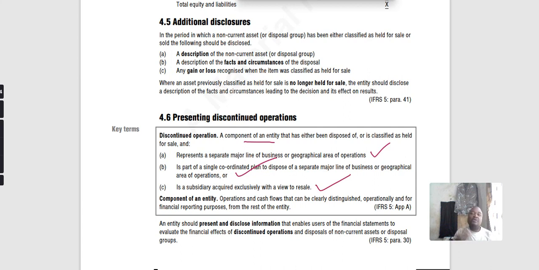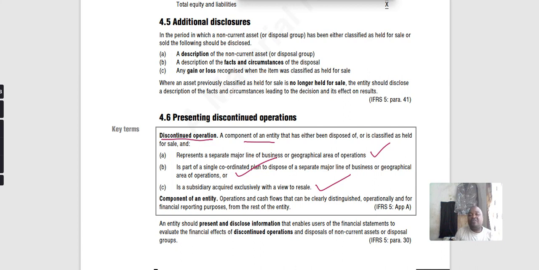When we acquired the subsidiary during the year, our idea was to just resell the subsidiary and nothing else, so it's actually going to be considered a discontinued operation.